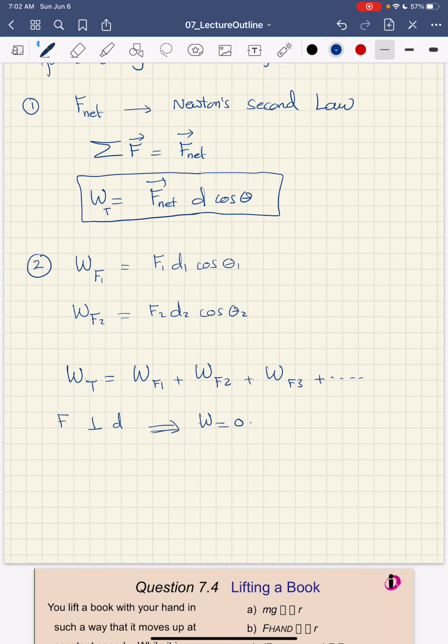And of course, if F and D are 180 degrees apart, the work is going to be negative. Then finally, what you end up with, either adding or subtracting, is very straightforward. But both approaches are okay, and you can use whichever you like.